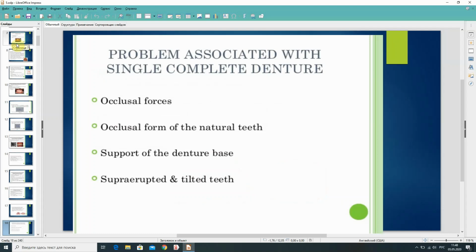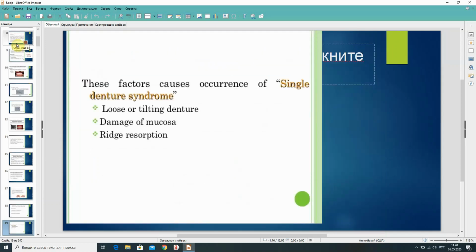Problems associated with single complete denture: occlusal forces, occlusal form of the natural teeth, support of the denture base, supra-erupted and tilted teeth. These factors cause the occurrence of single denture syndrome, loss of tightness of the denture, damage of mucosa, and ridge resorption.